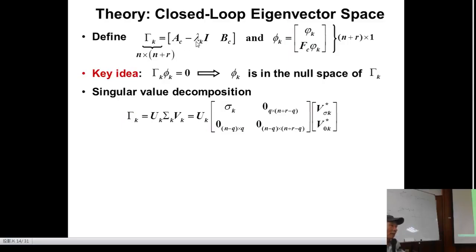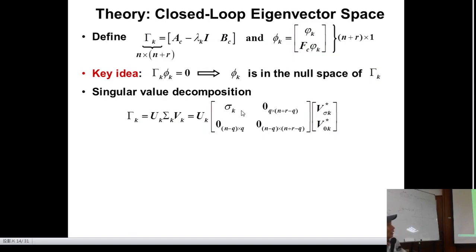Because lambda k is normally a complex number. However, the singular value doesn't matter whether it's complex or not.